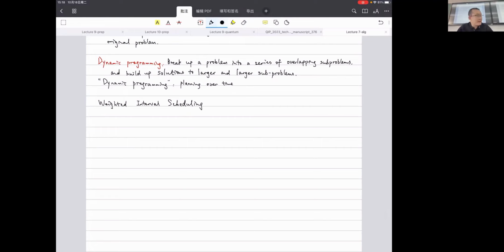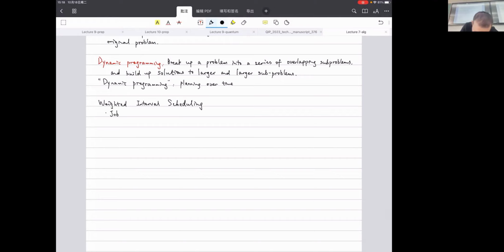I guess this is probably something you're familiar with, because when we talked about greedy algorithms, we talked about the interval scheduling problem. Nevertheless, we can consider a more generalized version, which is the weighted version. So what is the corresponding definition? Let's give the statement here.